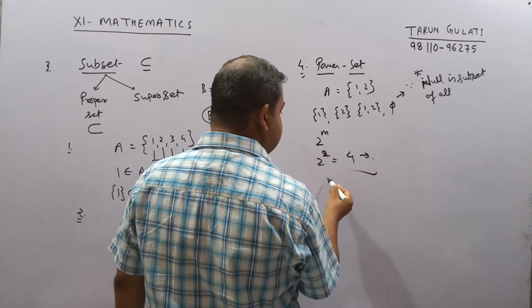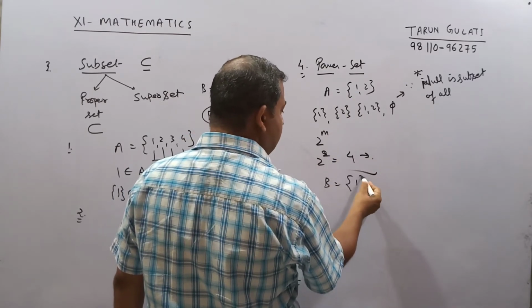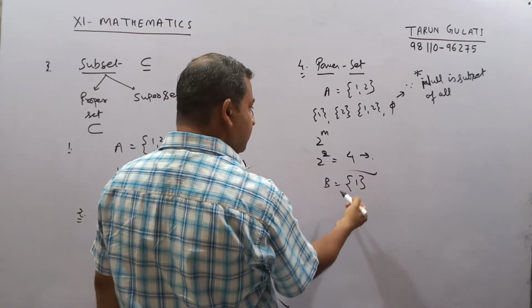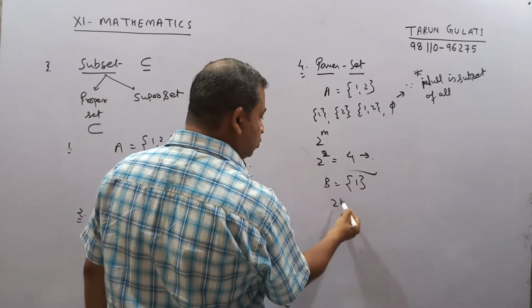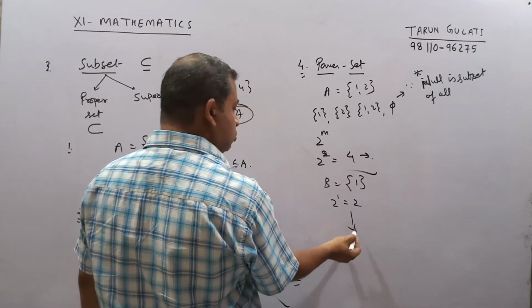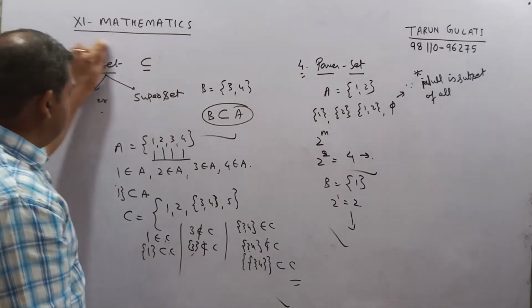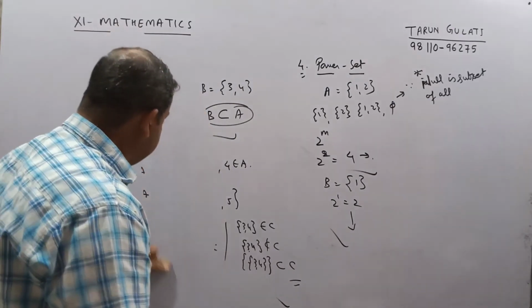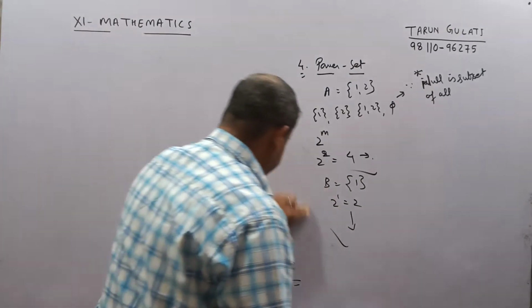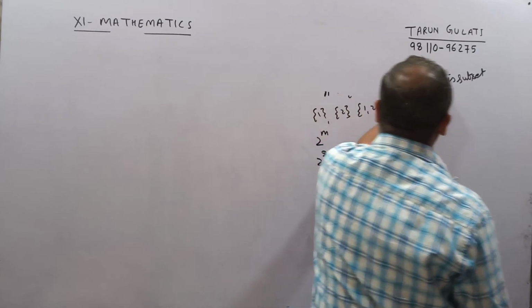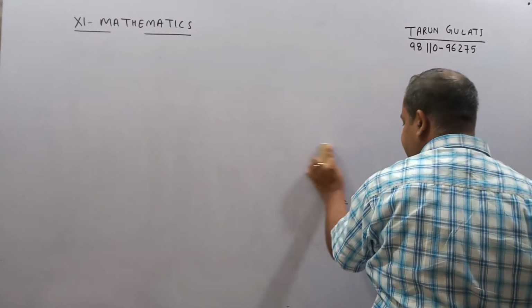If we have a set B with only 1 element, how many subsets are possible? {1} and null, that is 2 to the power 1. It is 2. And so on, we can get the number of subsets available in a given set.